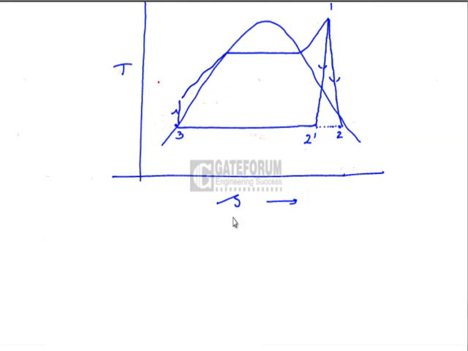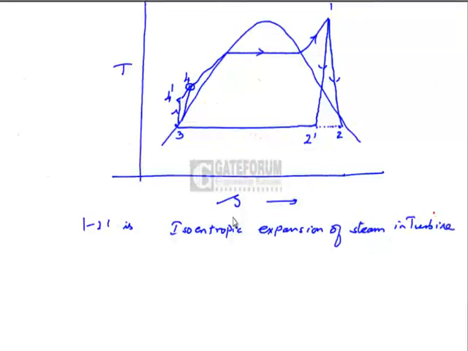Similarly, 3 to 4 dash is isoentropic pumping of water, actual pumping of water is 3 to 4, taking the frictional effects into account in the machine. And 4 to 1 is heat supply in the boiler. So 1 to 2 dash is isoentropic expansion of steam in turbine, which is a vertical line.